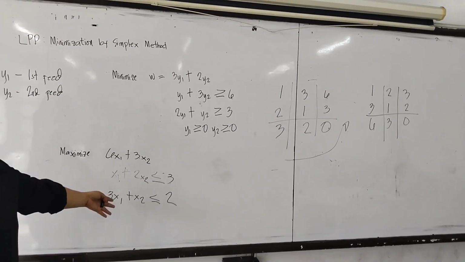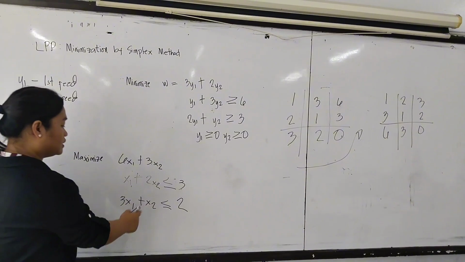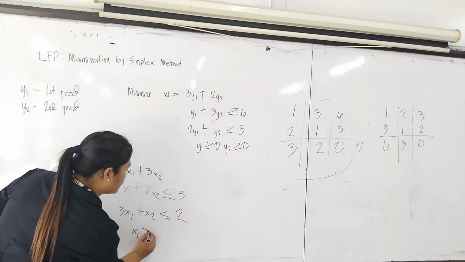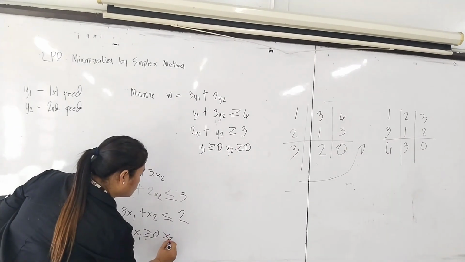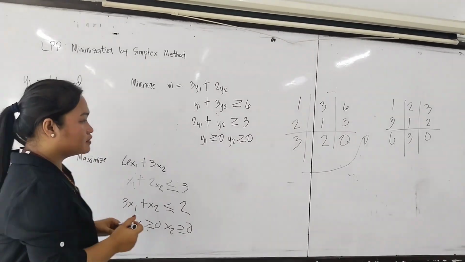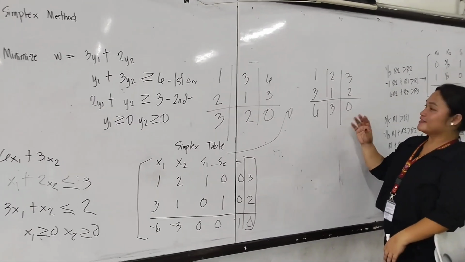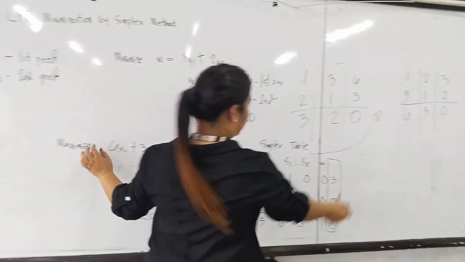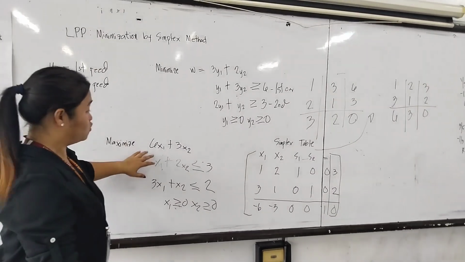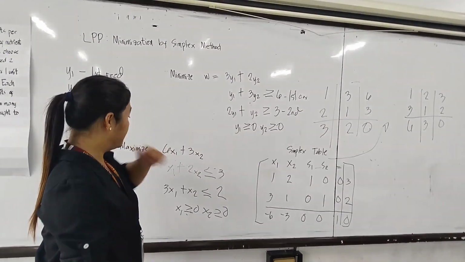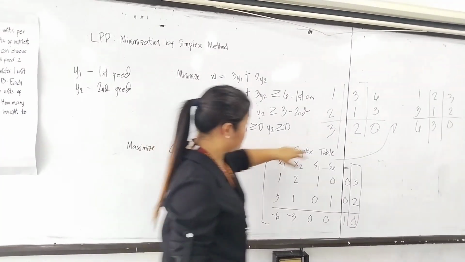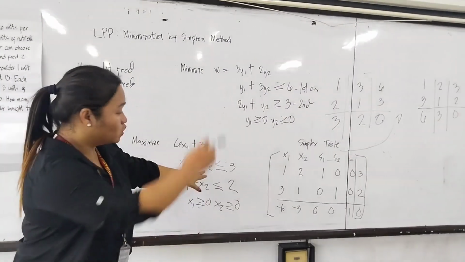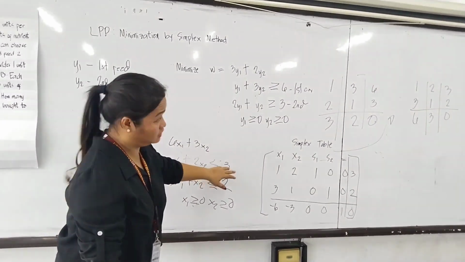We also have the non-negativity constraints: x1 is greater than or equal to 0 and x2 is greater than or equal to 0. Now we can have our maximized cost, so we have to write it as an equation: 6x1 plus 3x2. For the first constraint, x1 plus 2x2 is less than or equal to 3.